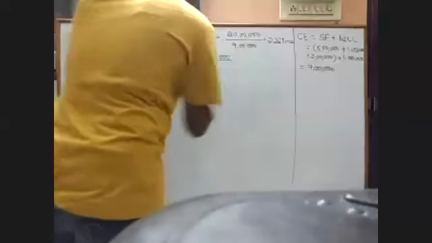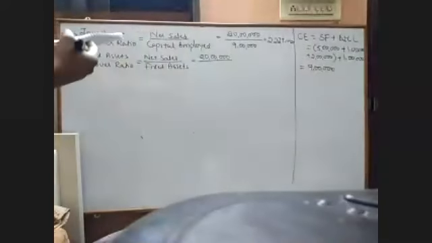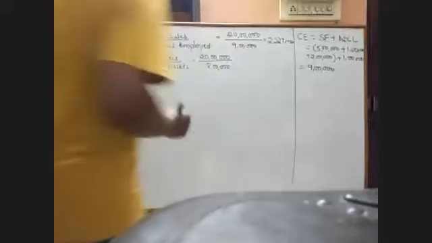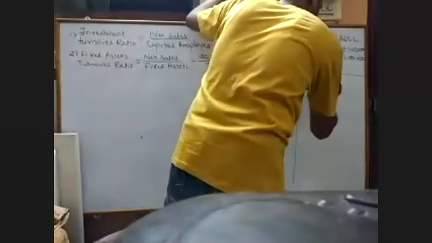20 lakhs. Can somebody tell me what is fixed assets here? It is 8 lakhs, sir. Now I'll tell you how. Here there are totally two fixed assets: one is plant and machinery plus furniture.